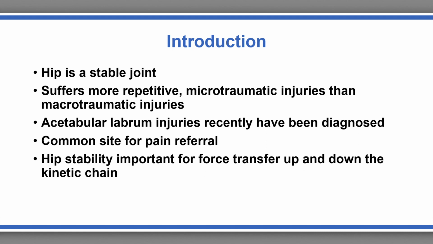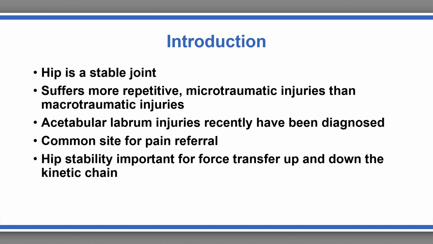Now, strength and motion are important for the hip because it serves as a force transmitter for both lower and upper limb activities and provides motion and strength for being able to execute propulsion during activities of daily living like walking or running.